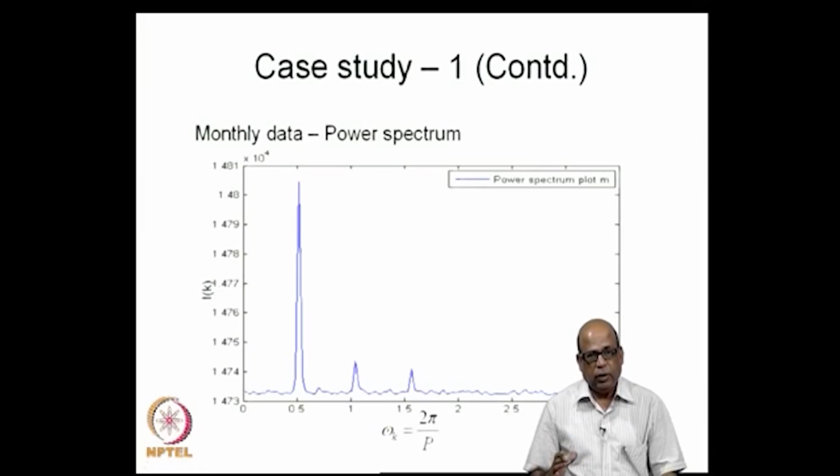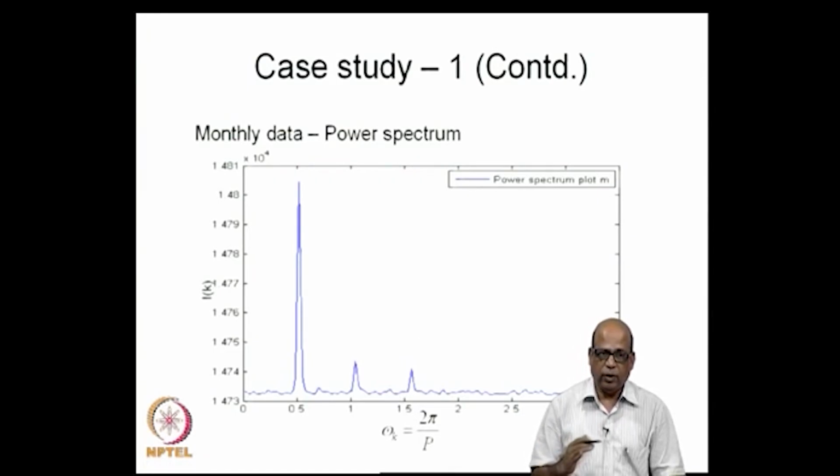So, in the monthly data for Bangalore city, we observe that there is a periodicity of 12 months, which in a monsoon situation is quite common, where there is a regularity in the rainfall patterns. But it is not so intuitively clear why there should be a 4-month periodicity, or a 6-month periodicity and so on.